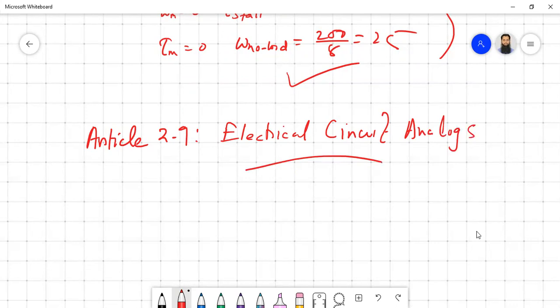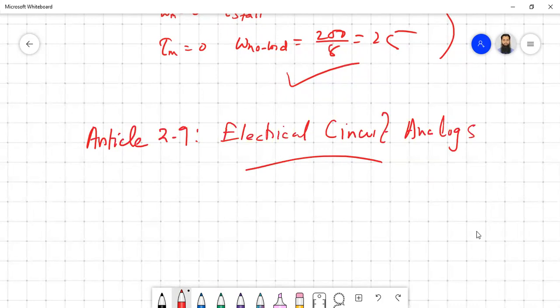So what is an analog? The definition is: an electrical circuit analog is an electrical circuit that is analogous to a system from another discipline. So the system is in another domain, say a mechanical system, and we are trying to represent that mechanical system by an electrical circuit. That is what is called an electrical circuit analog.